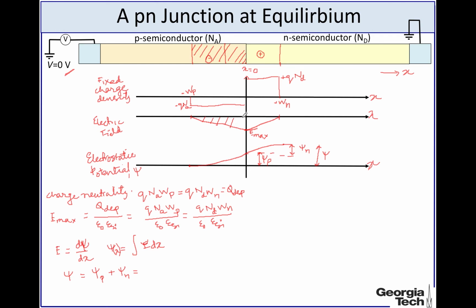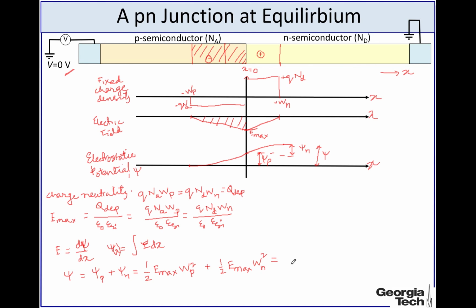So it's a triangle, so basically psi p will be the area under this triangle here, and the area under this triangle is simply half of E max multiplied by Wp, and similarly psi n equals half of E max multiplied by Wn.